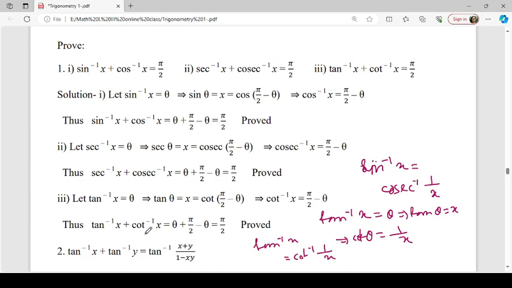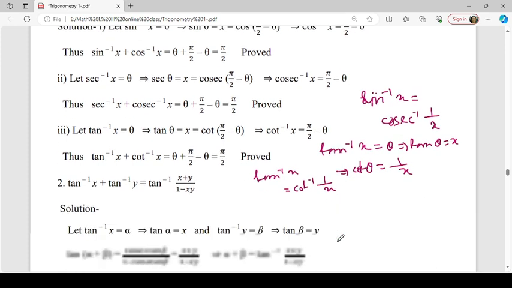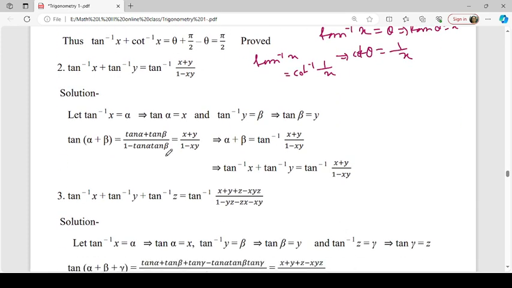So there are two relations. Tan inverse x plus cot inverse x is pi by 2. At the same time, tan inverse x we can write as cot inverse 1 by x. Now to prove this, tan inverse x plus tan inverse y, assume tan inverse x is alpha, then tan alpha is x, and we apply the addition formula.